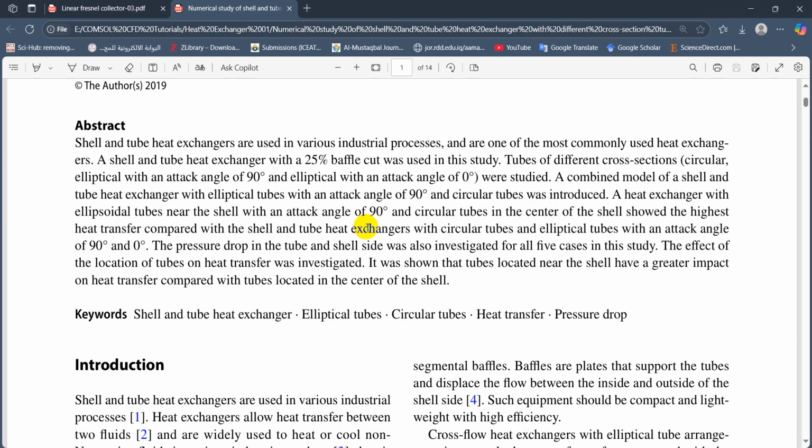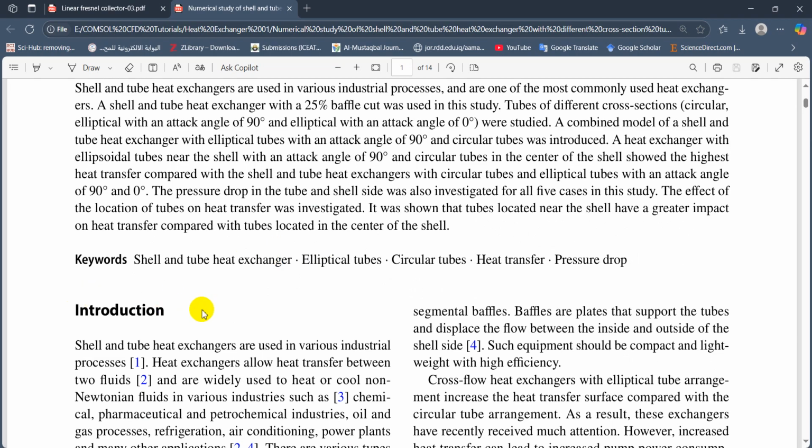This will help the editors to know the paper topic, and then they can suggest the reviewers easily, so the keywords are so important in the paper. After that, there is the introduction.